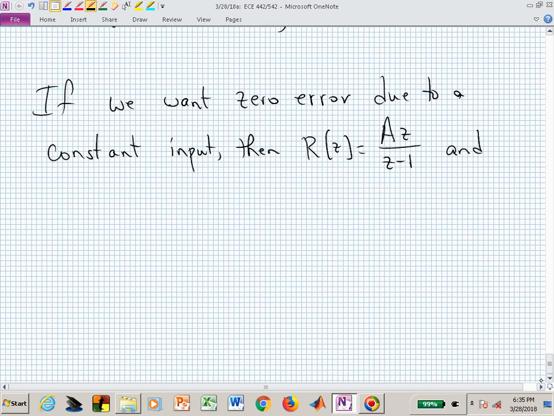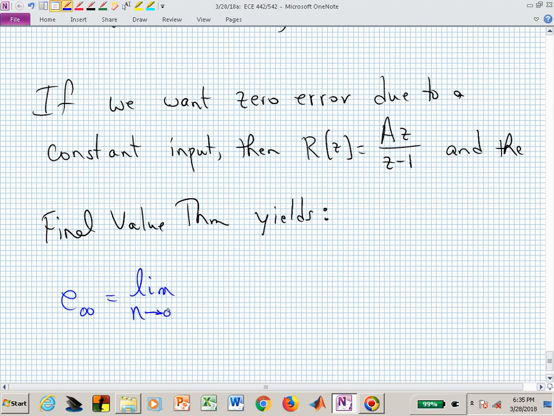And if we now apply the final value theorem, it will allow us to solve for this error in the time domain. The infinite horizon error in the time domain, little e sub infinity, is equal to the limit as n goes to infinity of little e of n.